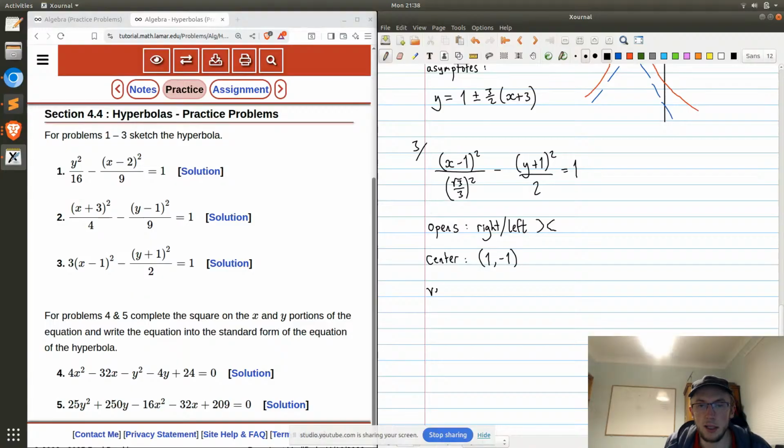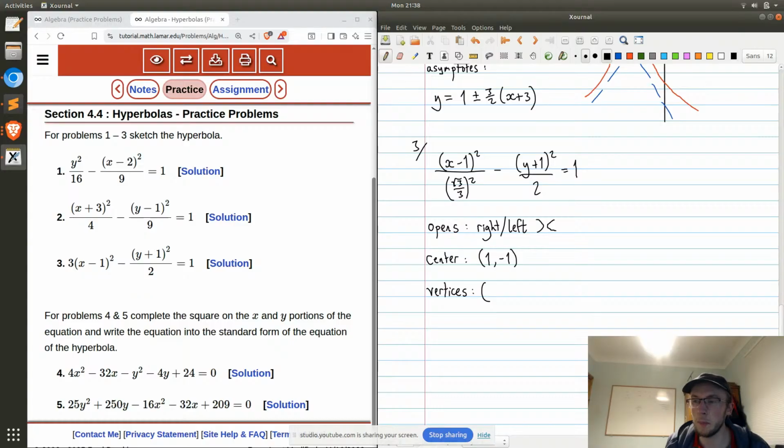Now, what about the vertices? It'll be a modification of the center because it's opening up right and left. Just the x-coordinate will be modified. But in what way? It'll be 1 plus or minus this thing right here.